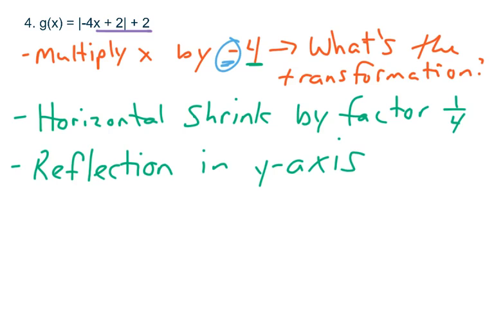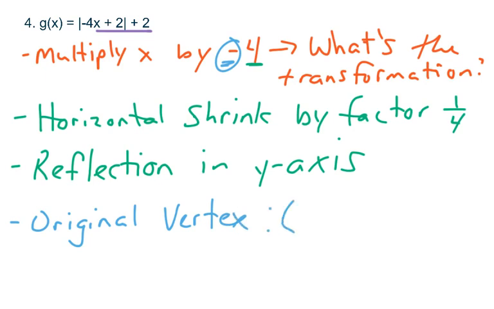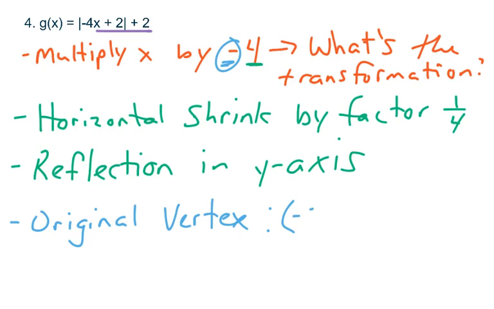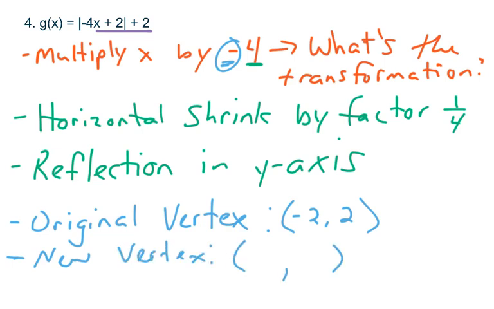Okay, so let's think about this. The original vertex was where? Let's go back and look. The original vertex was at negative 2, positive 2. The new vertex, let's see. The y value is not going to change. We're not moving it up or down, so the y value is still going to be 2.